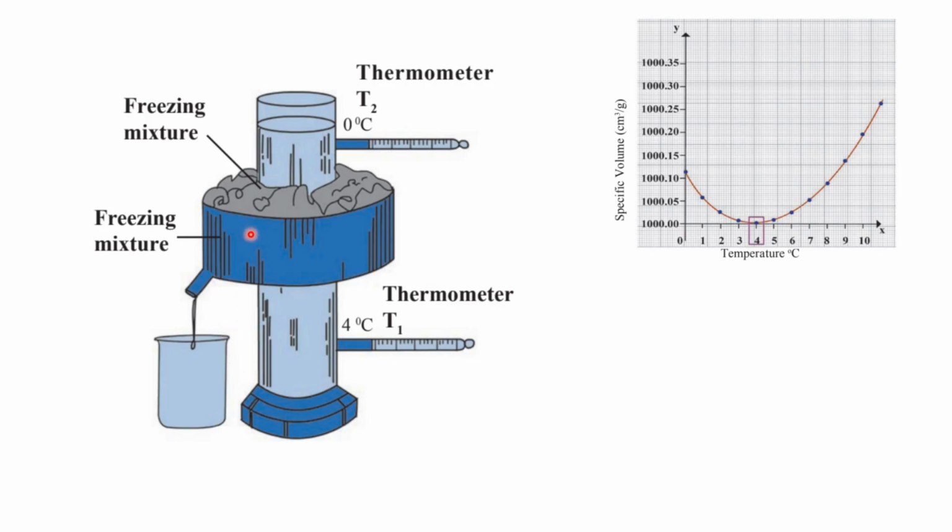Let's see the procedure followed in this apparatus. This jacket contains ice, and due to the coldness of ice, the water that is indirectly in contact with this jacket gets colder first. That is, the temperature is decreasing, as you can see in this graph. Suppose the temperature of the water in the cylinder was 9 degrees Celsius. Because of the contact of this ice, the temperature is now decreasing, and because of this, the volume is also decreasing.